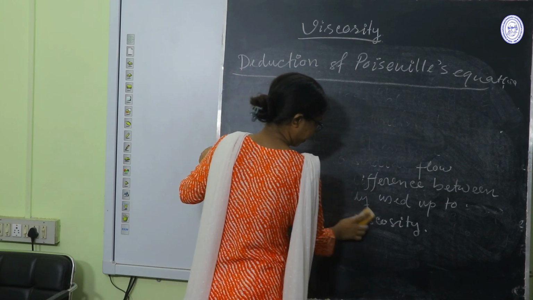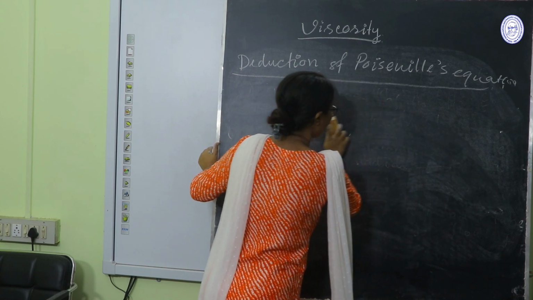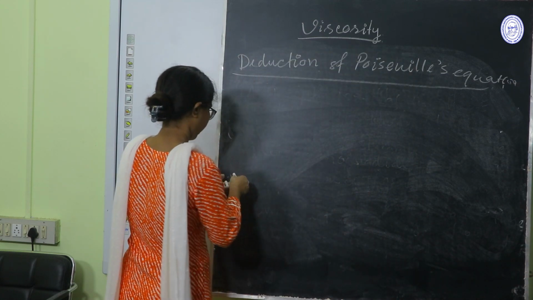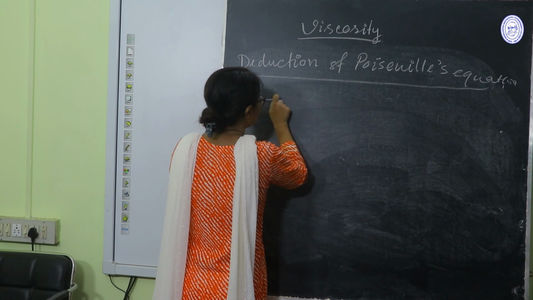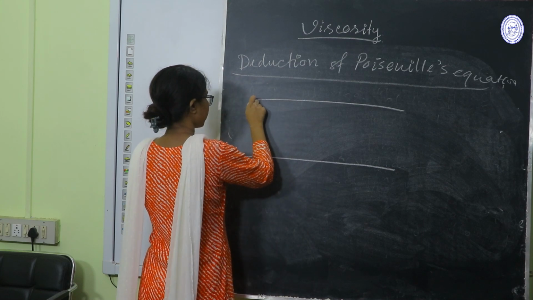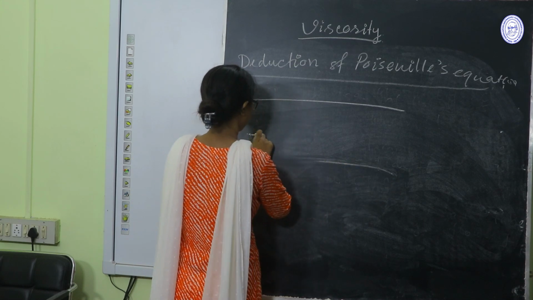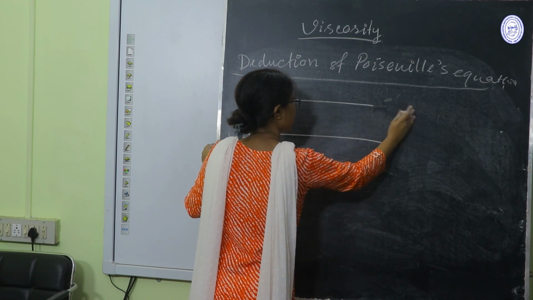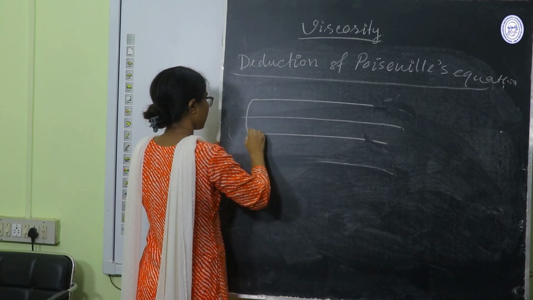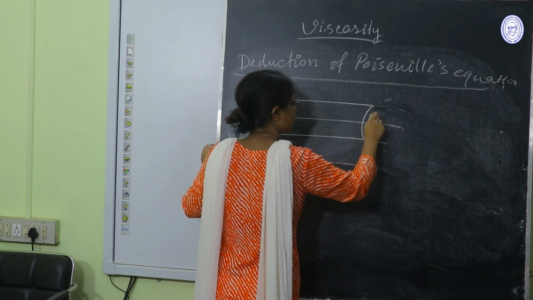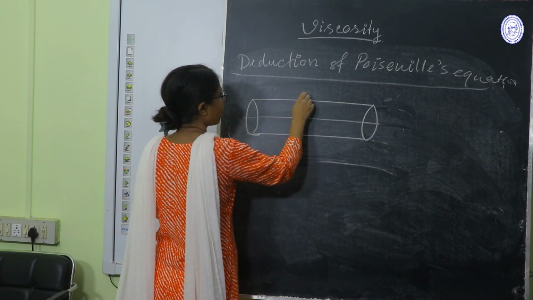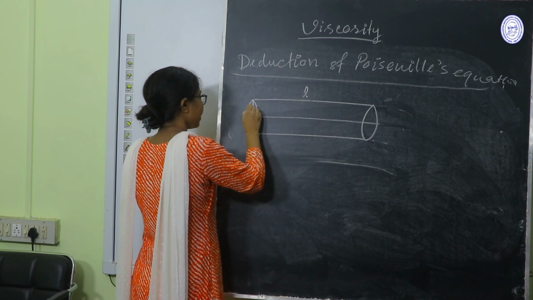Now, we consider an incompressible fluid, that means liquid, flowing through a capillary tube of radius a. So, this is the capillary tube of length L and radius a.